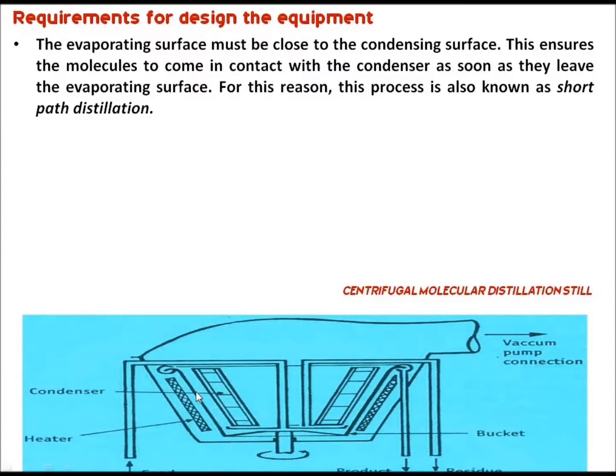If the evaporating surface is close to the condensing surface, which will ensure what? The closeness of the evaporating surface and condensing surface ensures that the molecules come in contact with the condenser as soon as they leave the evaporating surface. Once the molecule leaves the evaporating surface, immediately it comes into contact with the condensing surface, right? For this reason, this process is also known as short path distillation.